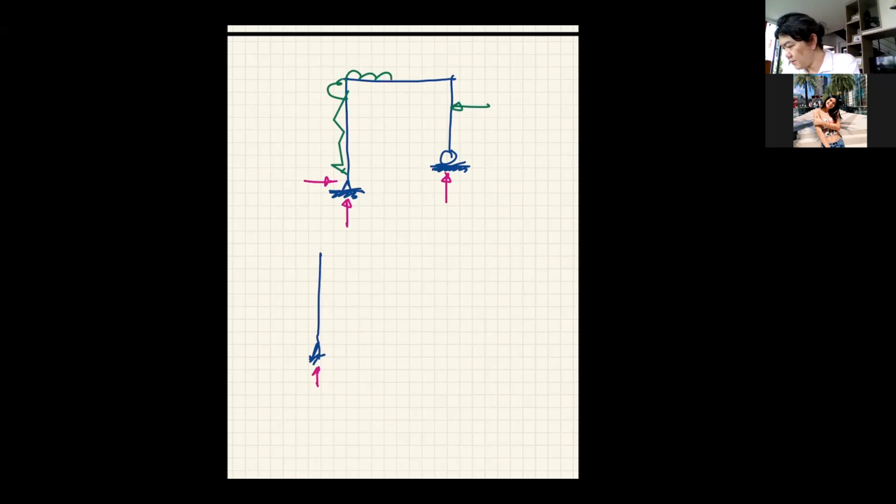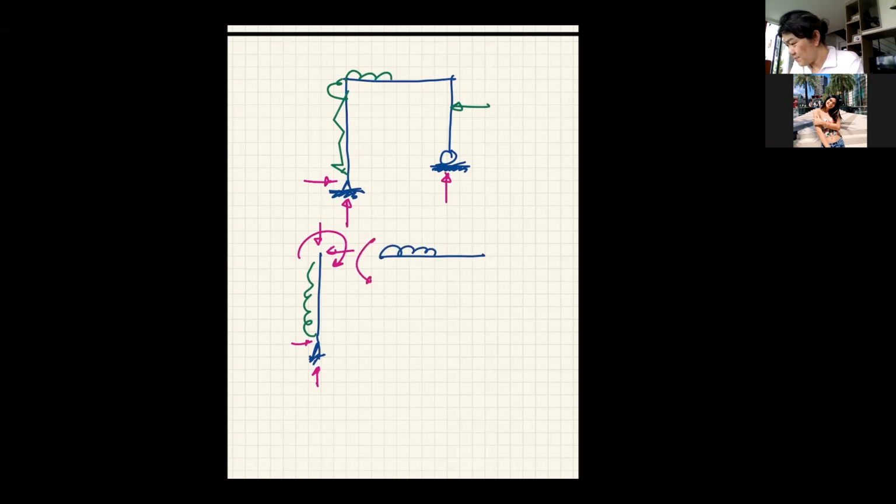The axial load, this reaction, and then you have the uniform load, and then you must have this one, and then that one. And that moment should be transferred to this member as well.